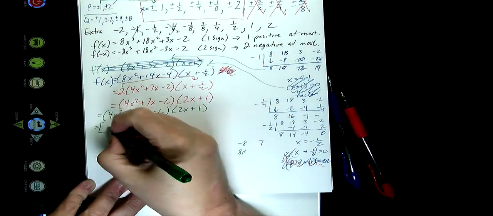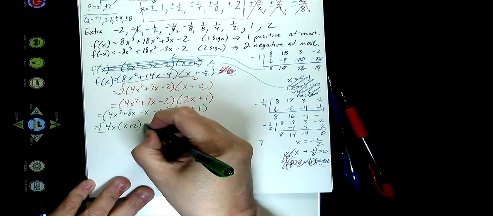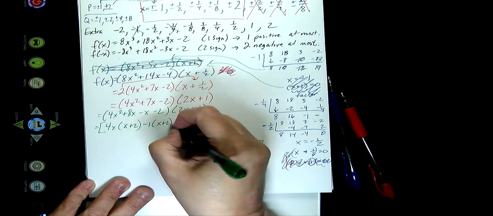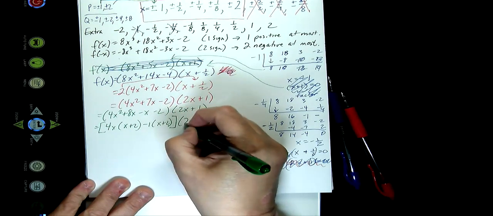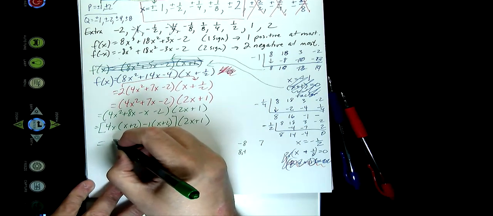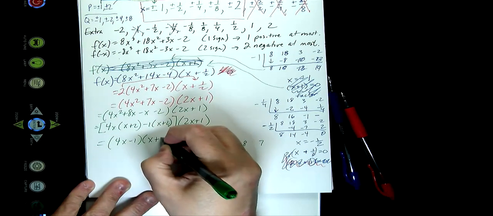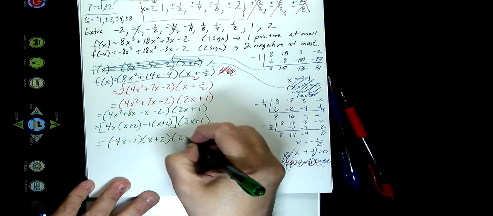This is 4x times x plus 2 minus 1 times x plus 2 times 2x plus 1. And finally, we get 4x minus 1 times x plus 2 times 2x plus 1.